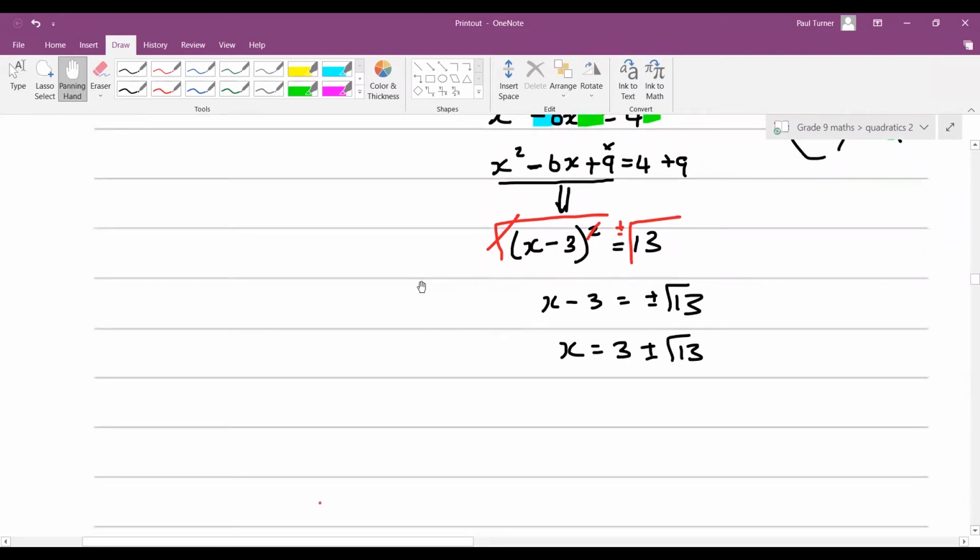So you got 3 plus root 13, which is 6.60555.